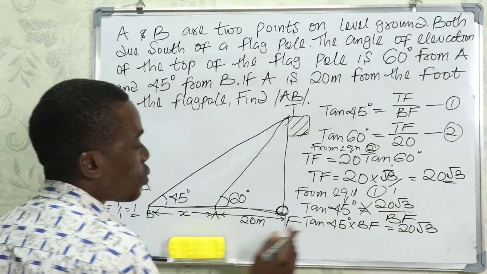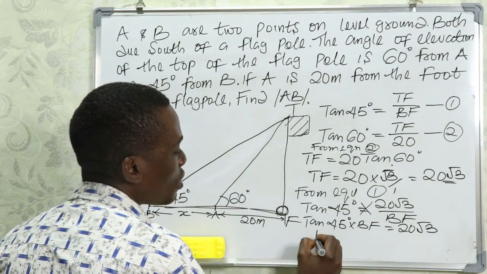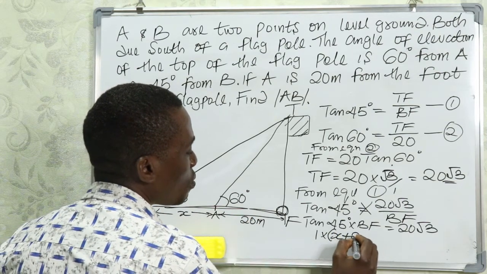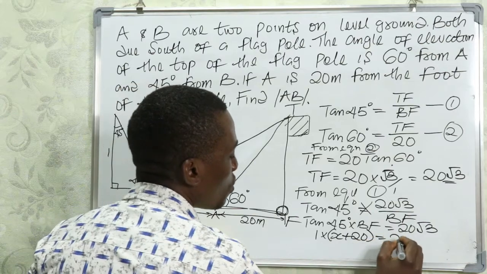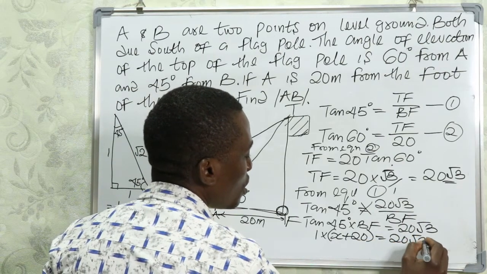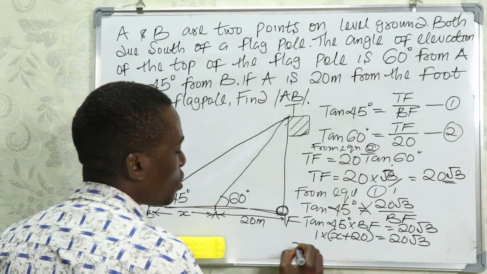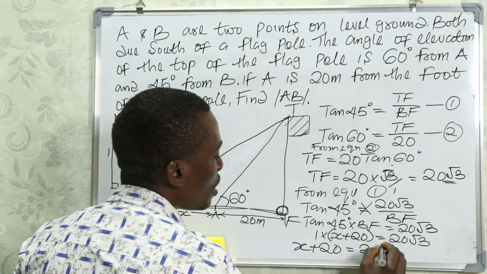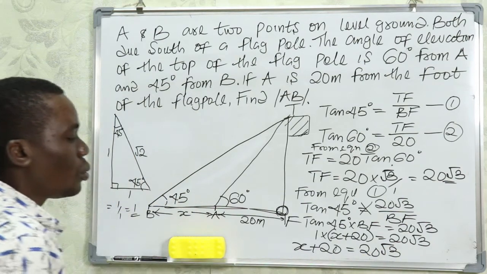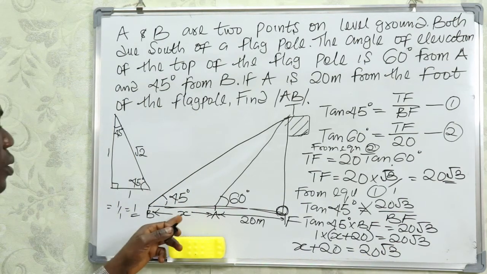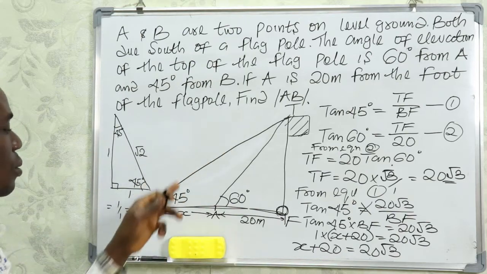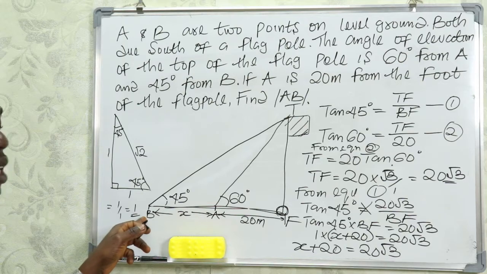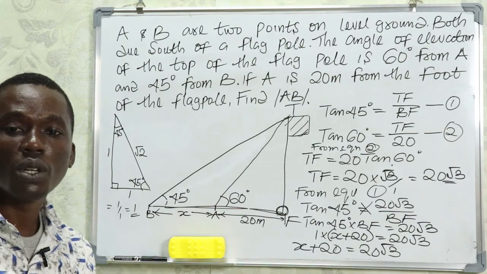So that will give us 1 times x plus 20 equal to 20 root 3. So this will give us x plus 20 equal to 20 root 3. Good. Now remember, we are looking for the value of x because we are asked to find AB. This AB is what we are requested to look for.